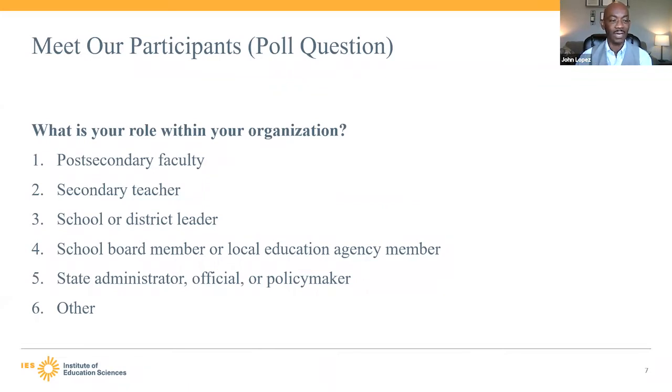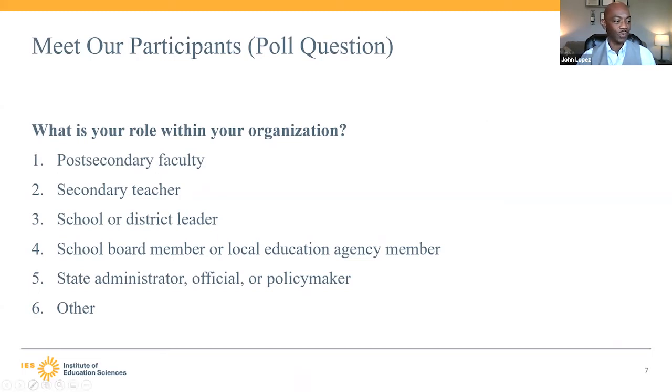So love to see that kind of representation. Okay, so it looks like the single largest group, others typically a pretty good group, but state administrator, official, or policymaker takes the title other than the category of other. So great to have you. Thank you again for joining.